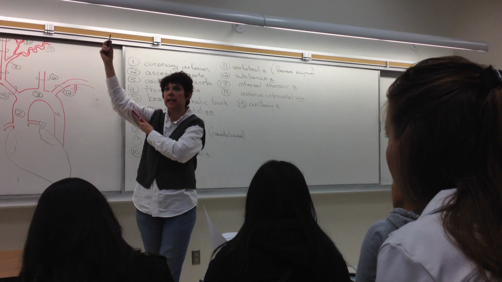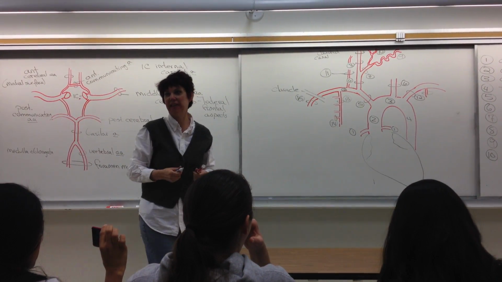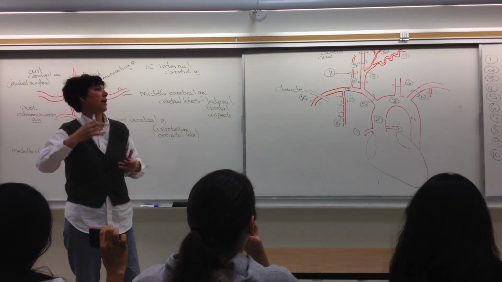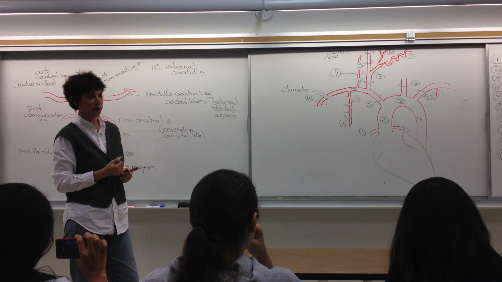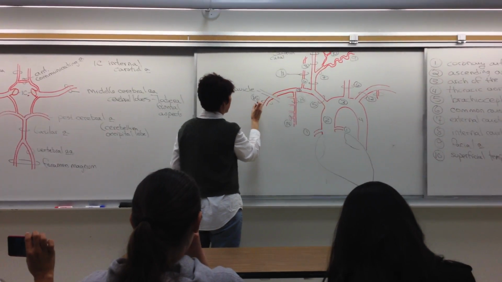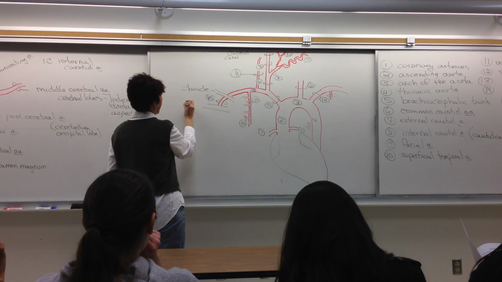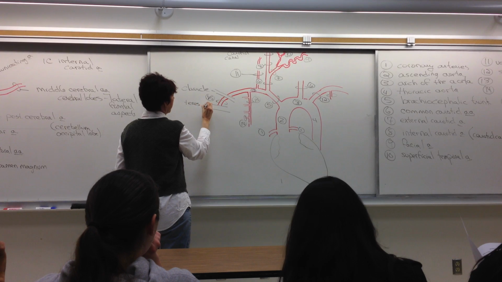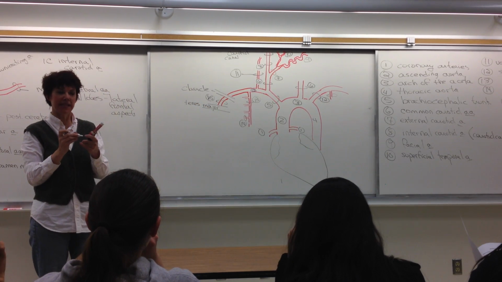Travels in the axillary area. It has a ton of branches that wrap around the shoulder area and supply shoulder muscles and the bones of your shoulder joint. Then it's going to pass by the teres major, and as soon as it passes along the inferior border of the teres major, it's now considered to be in the upper extremity.